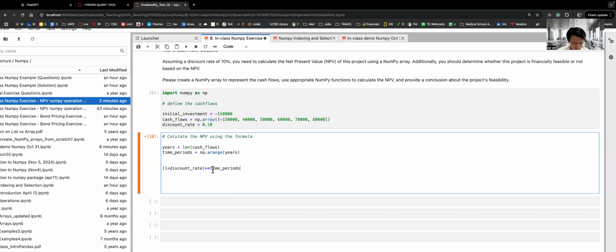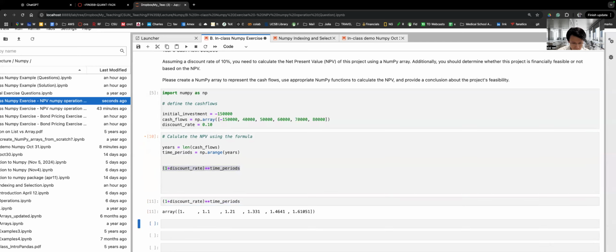So what is it? If you print out 1 plus the 10% to the power of the time periods, you will end up with a 1 by 6 NumPy array.